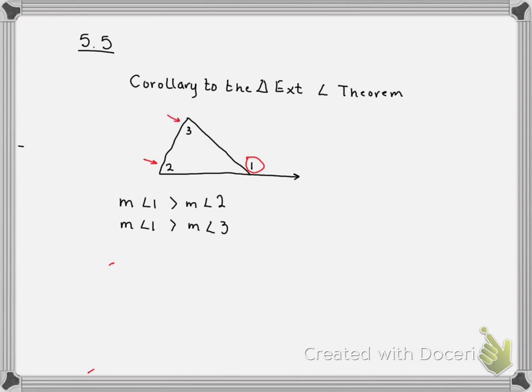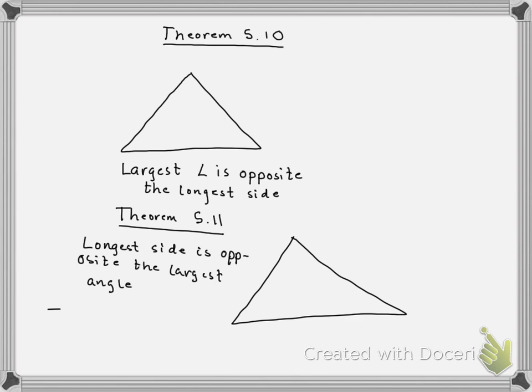Okay? Now we're looking at theorem 5.10, which is somewhat down towards the middle of that page. It says, cut and dry basically, the largest angle in a triangle, as long as the angles are not congruent, the largest angle is opposite the longest side.